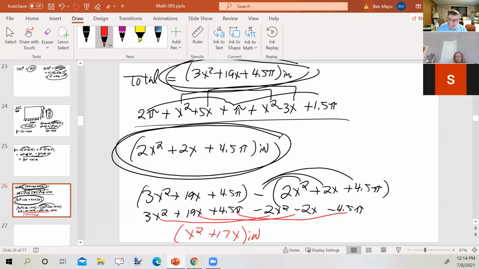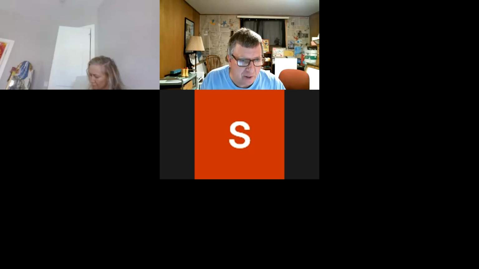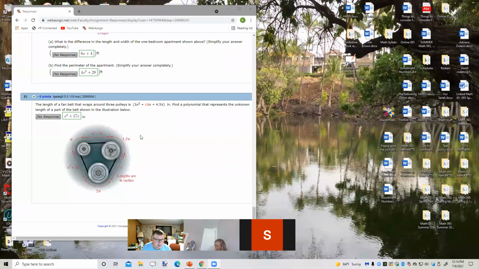In WebAssign, in fact, let's go back for a minute and look at the WebAssign part. In the last 2 problems we did, they included the units outside. So be careful, because if they include the units outside, but you also put them inside, it's not going to recognize that and it's going to mark it wrong. So pay attention. Sometimes the units are already there.